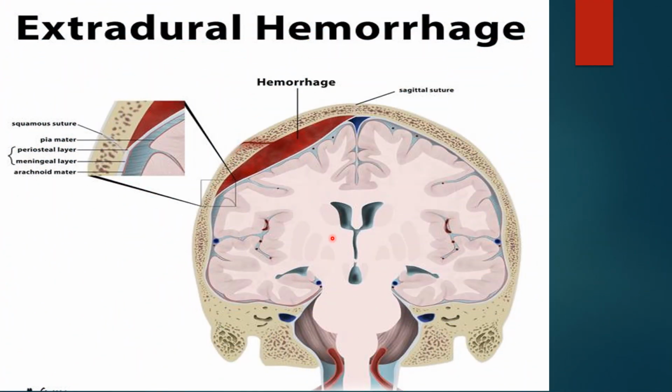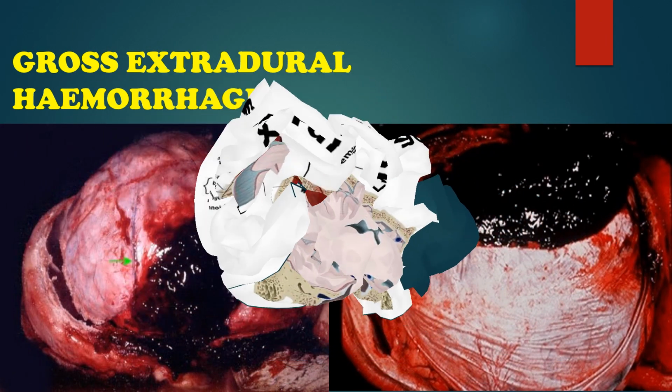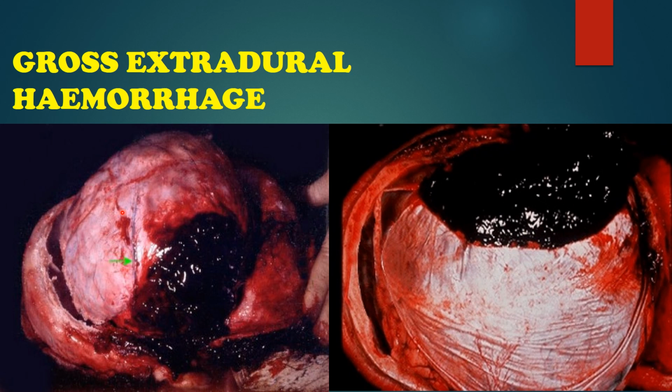In the same photograph again, this is the extradural hemorrhage between the dura mater and skull. By this time, I hope everybody can understand what an extradural hemorrhage is. It looks like this: the shiny white membrane is the dura mater. The skull is cut open and the scalp is reflected outwards.